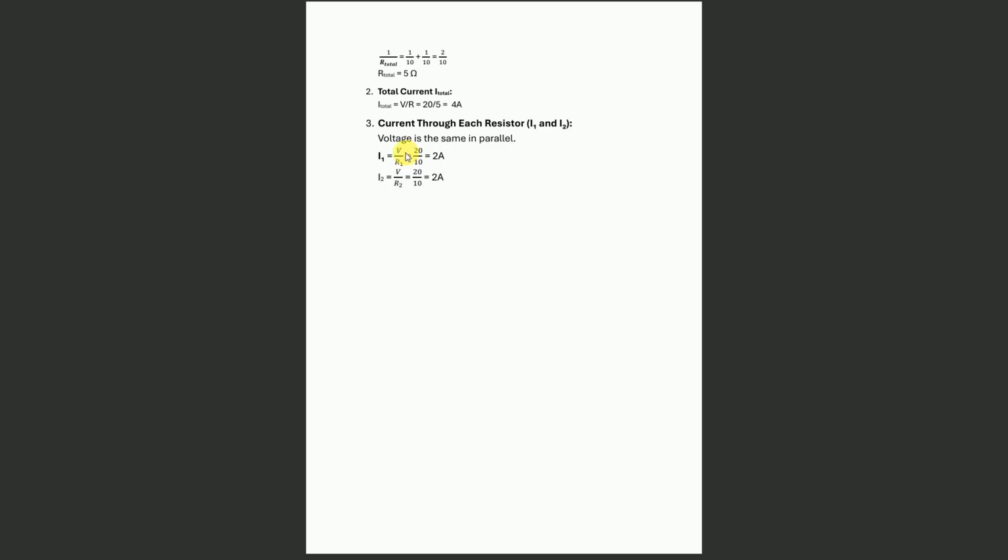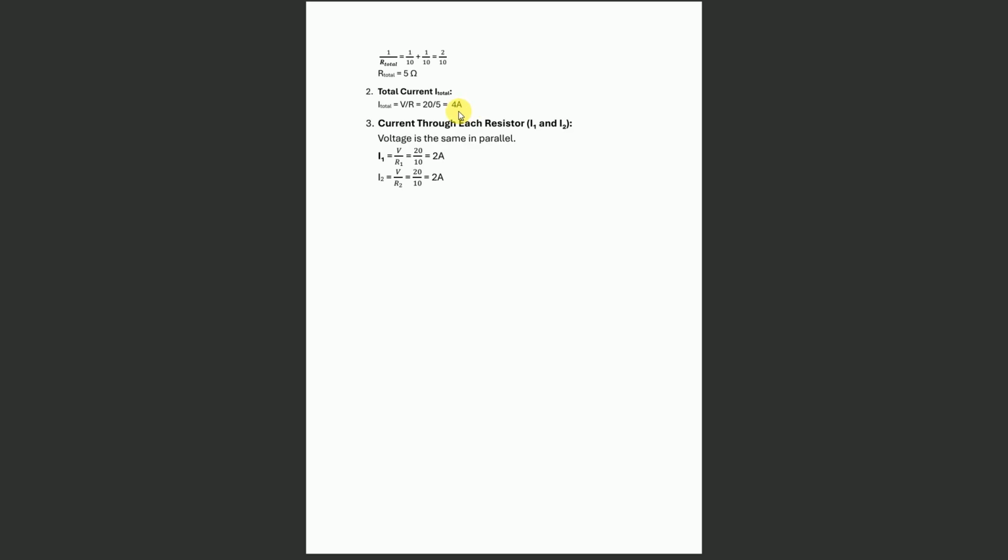V is 20, R1 is 10, so we get 2 ampere current. Similarly, the current flowing through the resistor R2, I2 is equal to V over R2, 20 over 10, which is also 2 ampere. Now if we add up these two currents I1 and I2, 2 plus 2, it will be equal to the total supply current, which is 4 ampere.